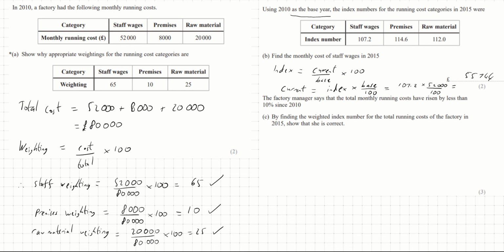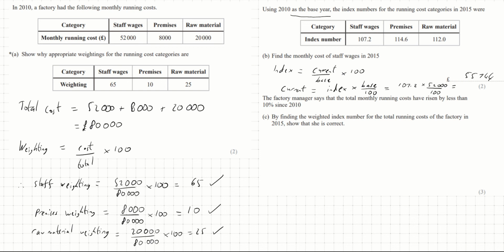And it seems reasonable. Our index number is 107.2, which means that staff wages should have gone up by 7.2% since 2010. There were 52,000 in 2010, and going up 7% seems like 55,744 is a reasonable number.